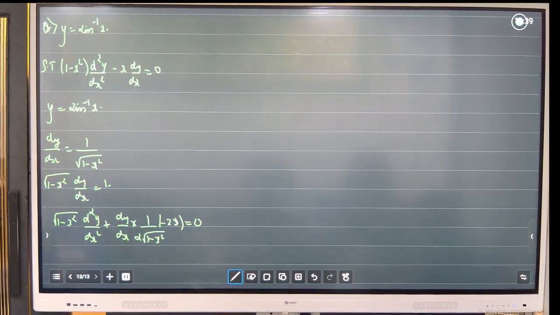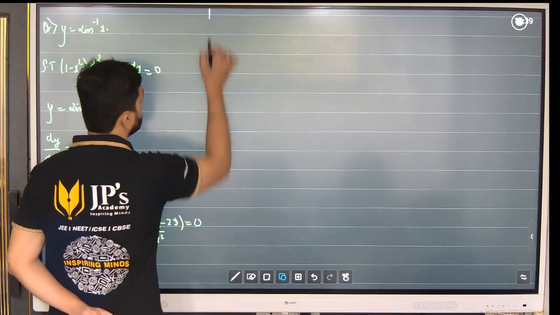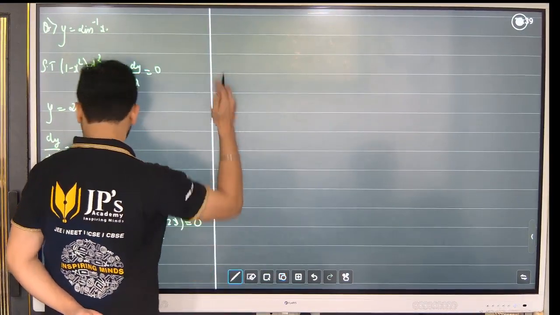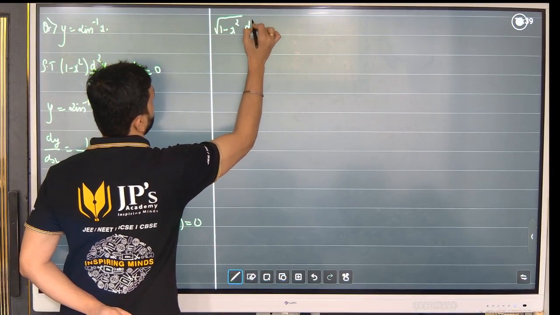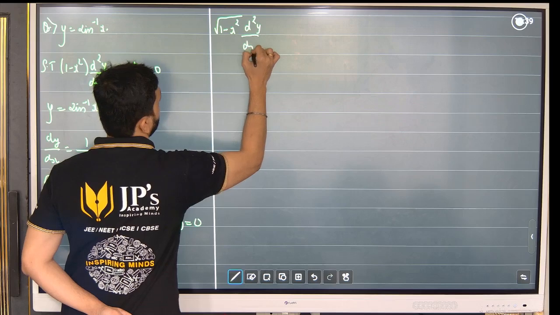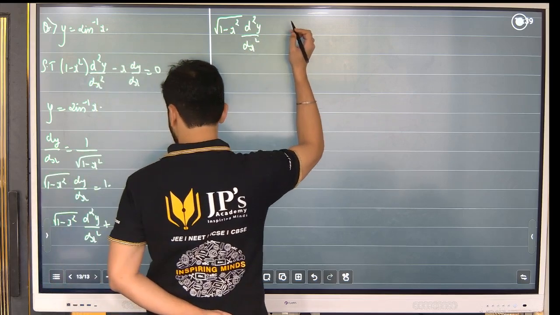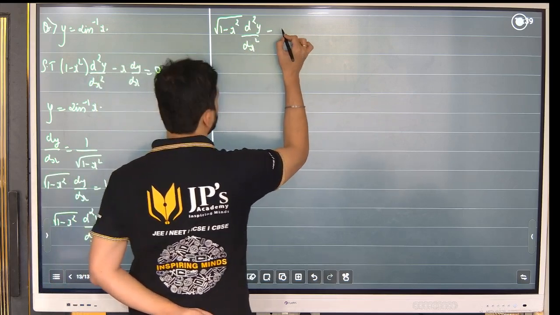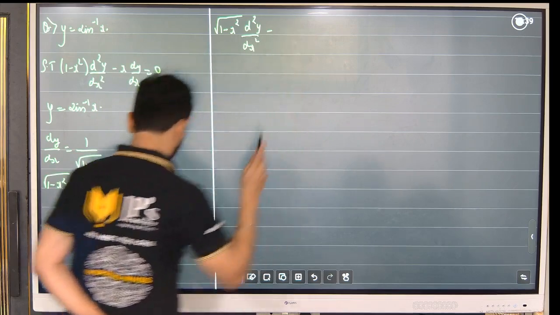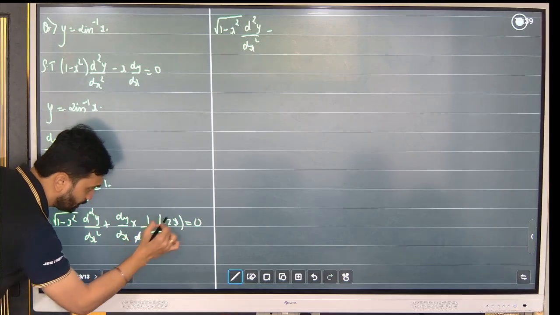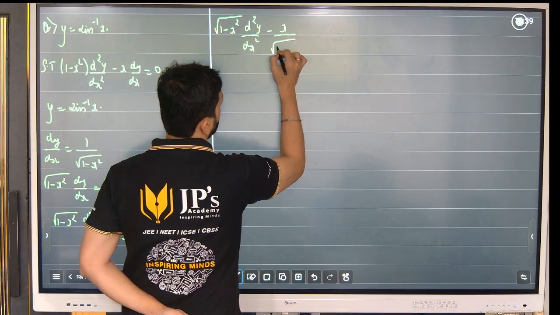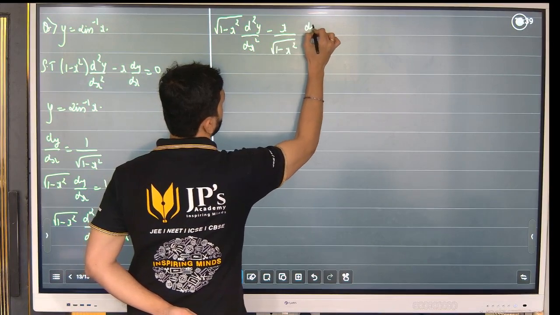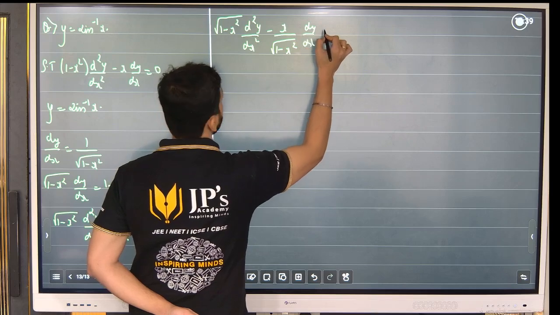Anybody has any doubts? Now if I arrange this, this will become under root of 1 minus x square d square y by dx square minus, this 2 and this 2 get cancelled, x upon under root of 1 minus x square dy by dx equal to 0.